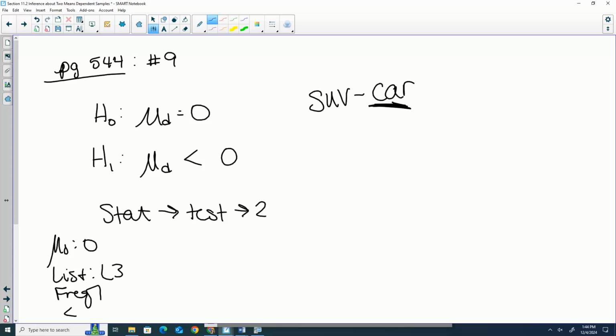what do you guys get for your T value? -2.6855. And our P is 0.011.